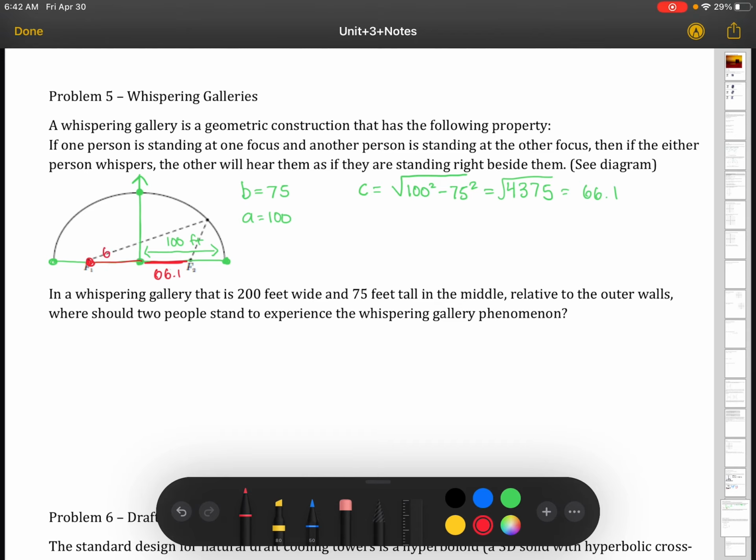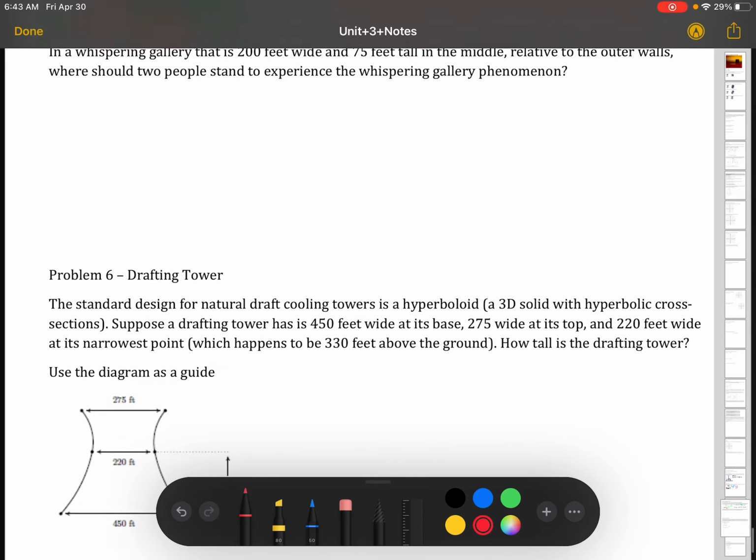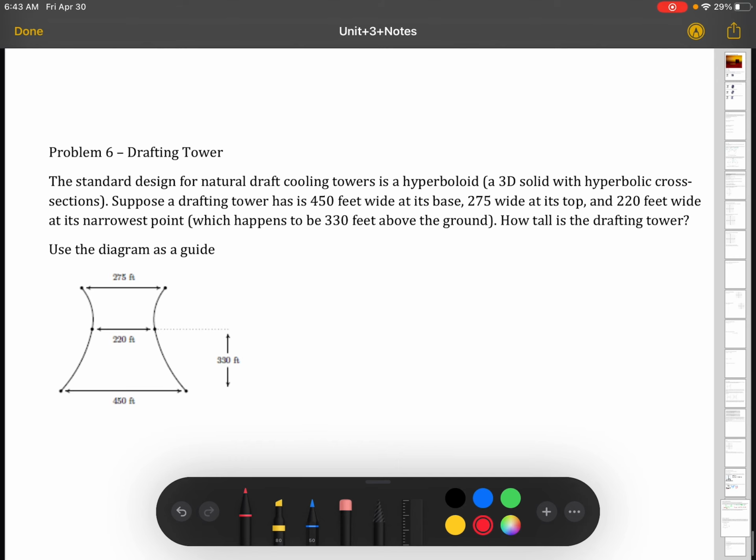So this is also 66.1. So 100 minus 66.1 is how far the people should stand from the outer walls. So 100 minus 66.1 is 33.9 feet from the outer walls. All right, and so for our last problem it's a drafting cooling tower for a nuclear silo.